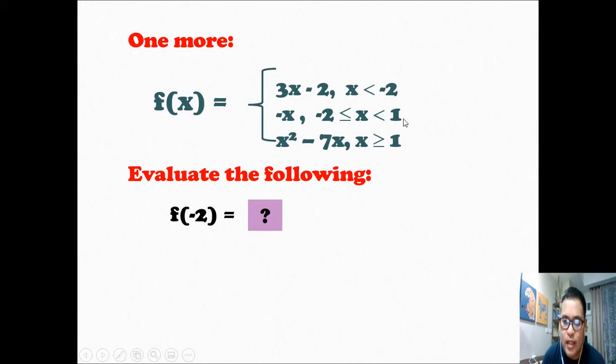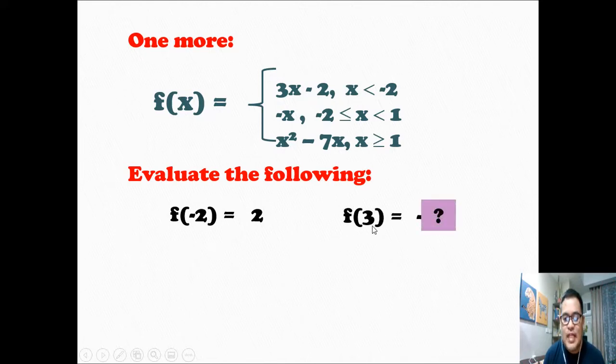Okay, correct. So it's here, x is greater than or equal to negative 2 but less than positive 1. So therefore, we're going to substitute it here. So since this is negative times negative 2, so negative times negative, that is positive. Correct. It's positive 2. So let's see if your answer is correct. Very good. It's correct. Next.